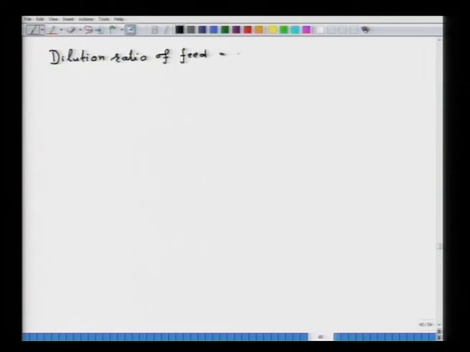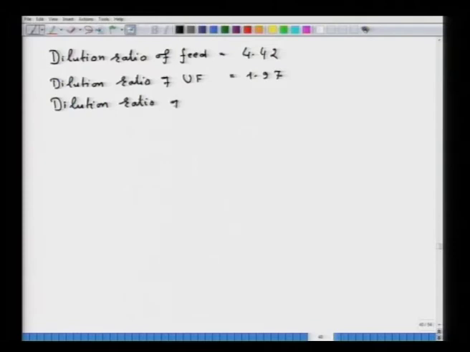So, for feed that is equal to 4.42, dilution ratio of underflow is equal to 1.97, and dilution ratio of overflow is equal to 21.88.